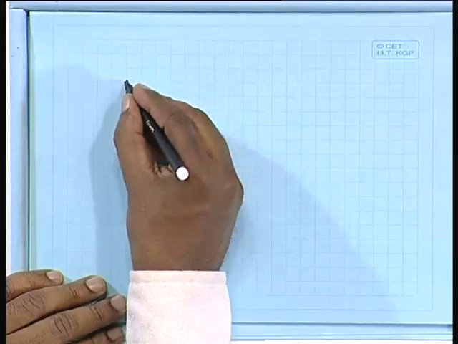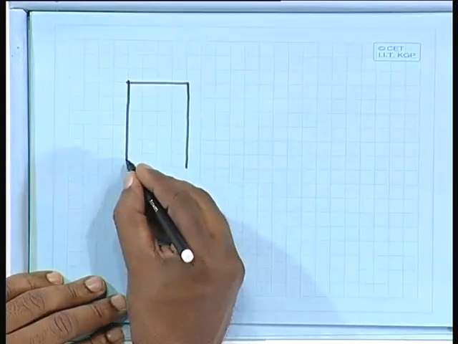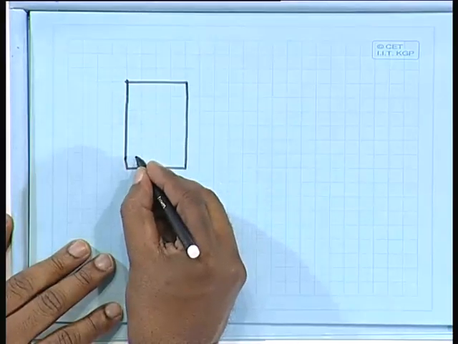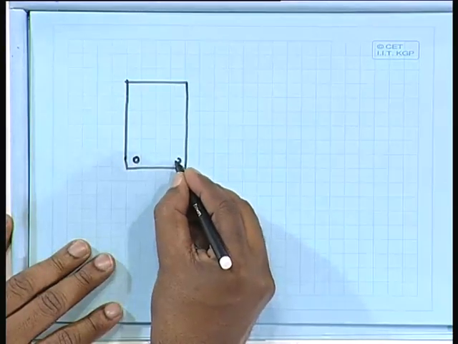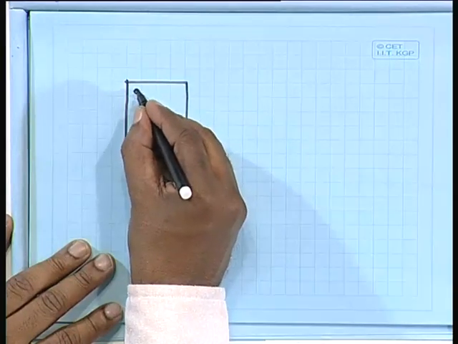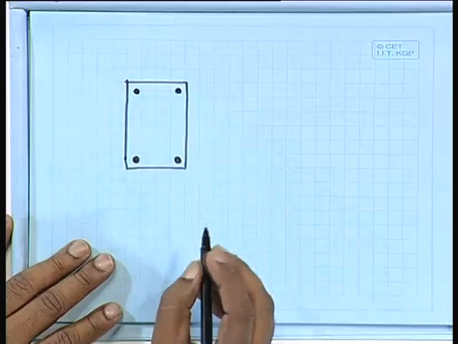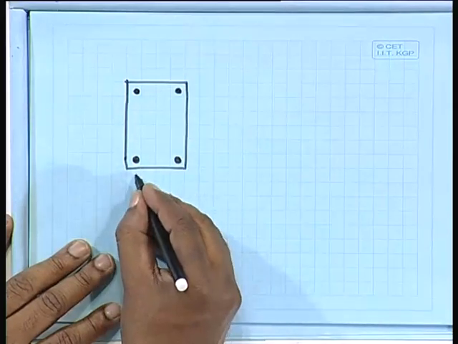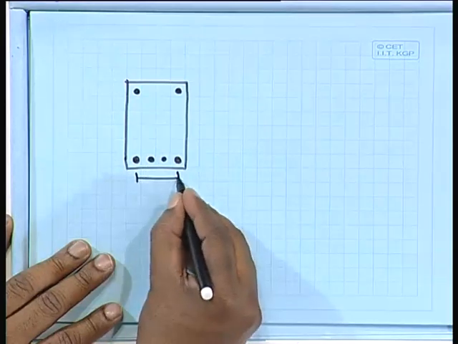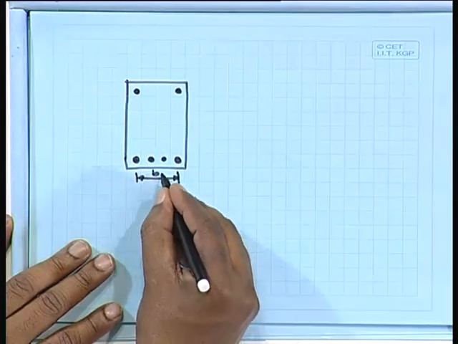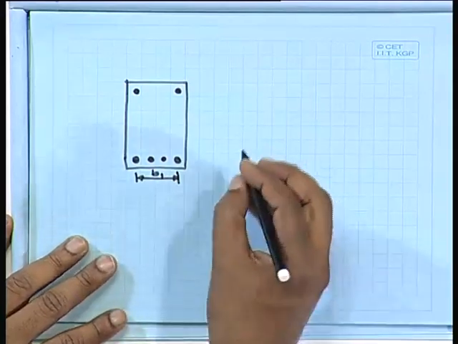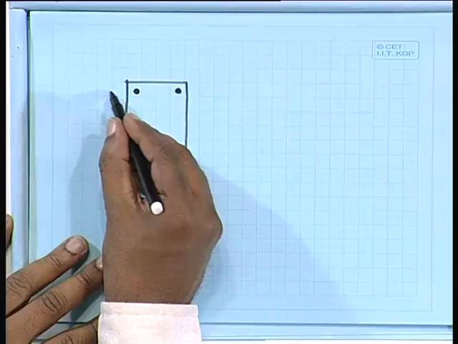If this is your beam, so we have reinforcement, and there may be so many bars. b1 means this, along the breadth direction.